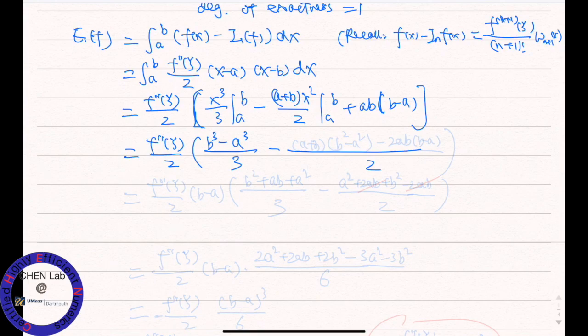With a, we have (a plus b) times (b squared minus a squared), evaluating x squared at b and a. And we have plus ab times (b minus a). We have 2 below, so we have minus 2ab (b minus a), right?